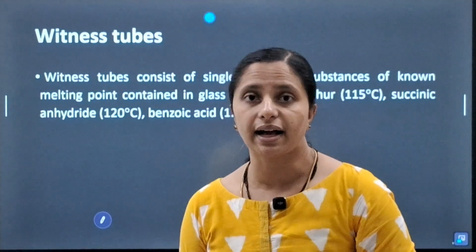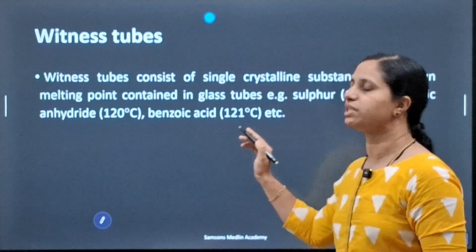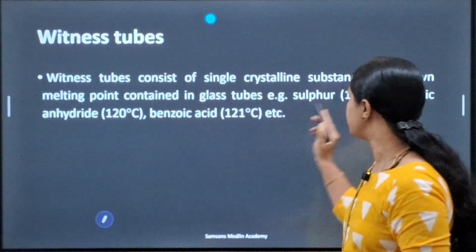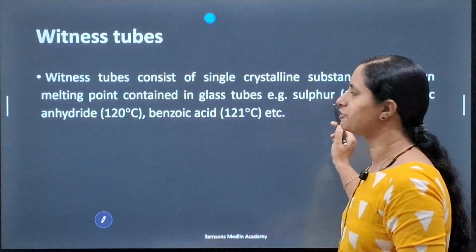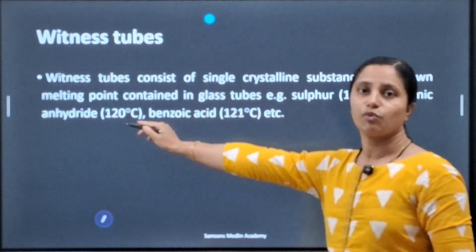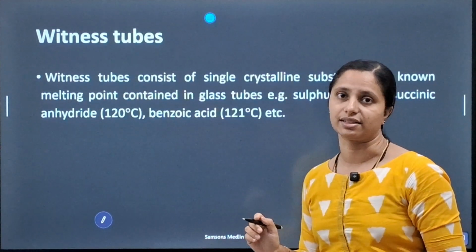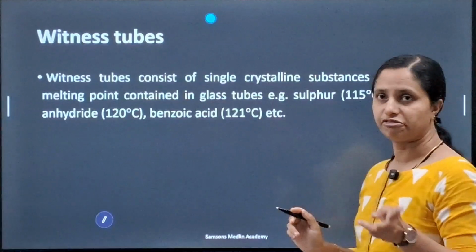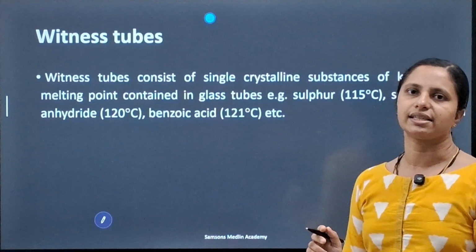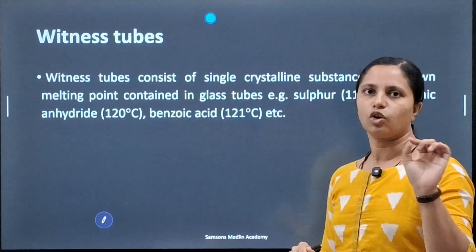This is the principle behind the witness tube. And what are the crystals we use in witness tubes? First one is sulfur, which melts at 115 degrees Celsius. Then succinic anhydride, which melts at 120 degrees Celsius, and benzoic acid at 121 degrees Celsius. So sulfur 115, succinic anhydride 120, and benzoic acid 121 degrees Celsius are the common crystals used in witness tubes.